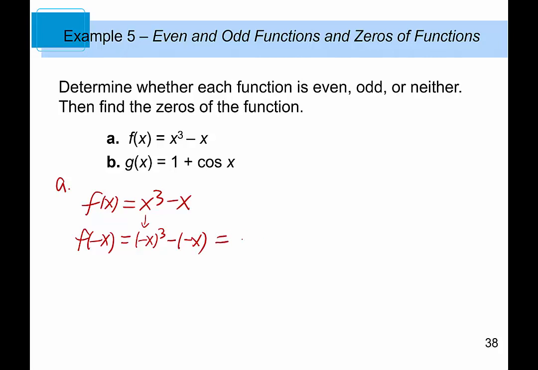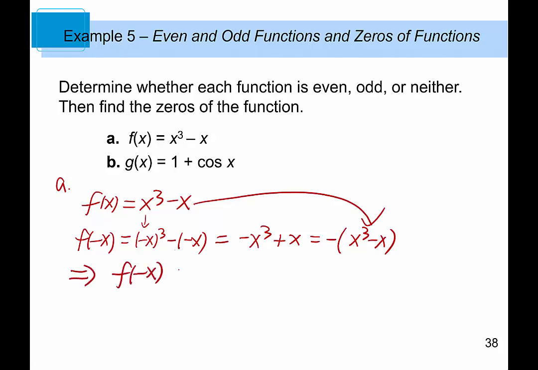When you expand it, you end up with negative x cubed plus x. If you factor out the negative sign, we have negative of x cubed minus x, and these terms are exactly f of x. So in this case, f of negative x equals negative f of x, and this is exactly the definition of an odd function.